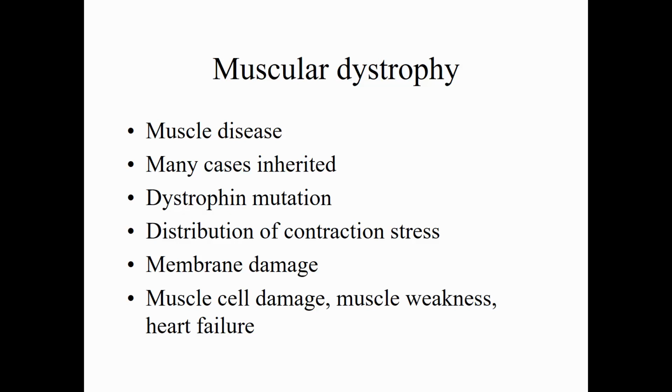Well, if your dystrophin is mutated, then you lose your shock absorber function, and then you damage the membrane. And as the membrane is damaged, then there are satellite cells that come in there and try to repair things, but you run out of satellite cells, and then the cells continue to get damaged.